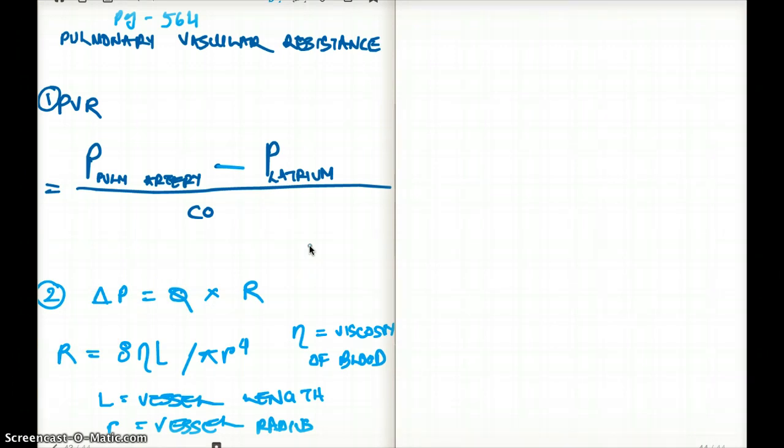In this case, R can be broken down into other factors when we're talking about a vessel: 8 times viscosity (eta, I don't know what it's called, so if anyone knows what it's actually called, please leave me a comment below, I really would like to know) times L, where L is the length of the vessel, divided by pi times the radius to the power 4. This is the radius of the vessel. So that's another way of calculating resistance.